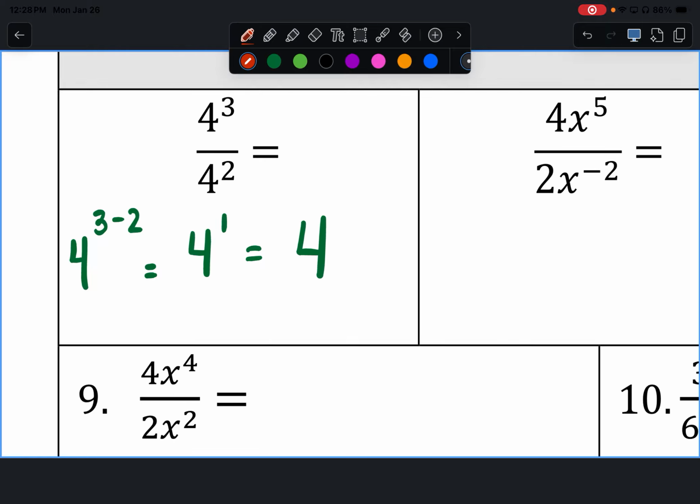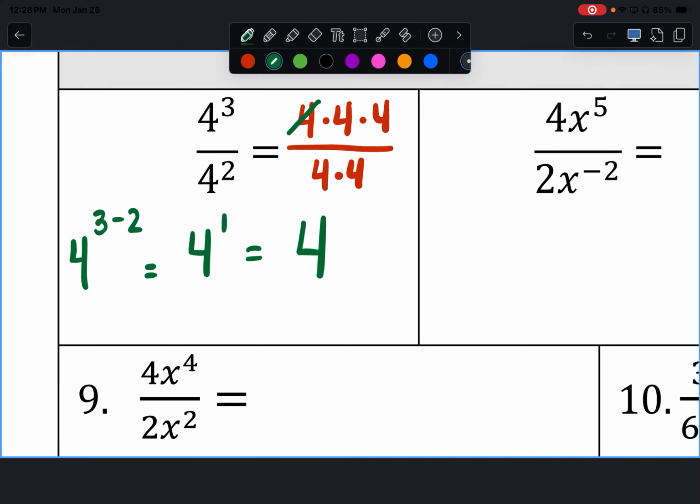Okay? Why this works, okay? When we raise something to the third power, how many times am I multiplying it by itself? So it would be 4 times 4 times 4. And in the denominator, we would have 4 times 4. So if I wanted to simplify that, I can simplify it by dividing out 4s, right?